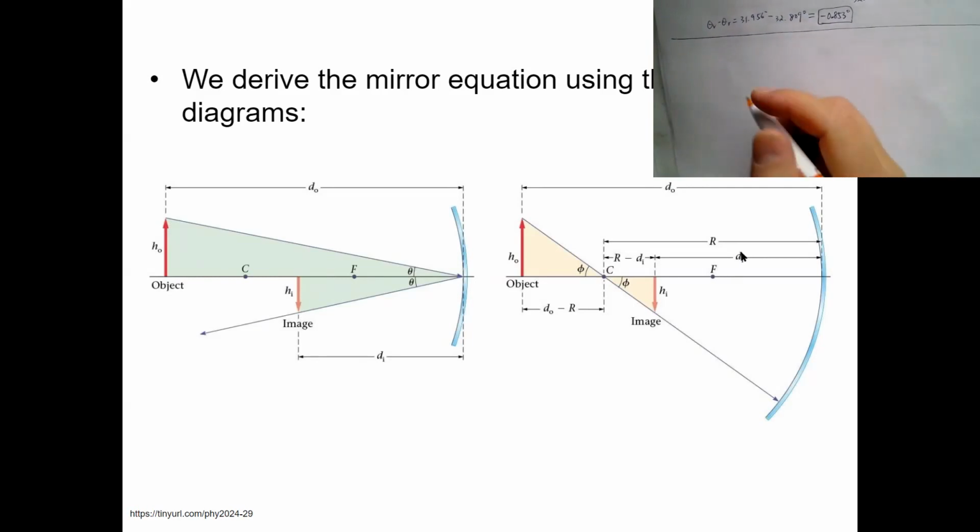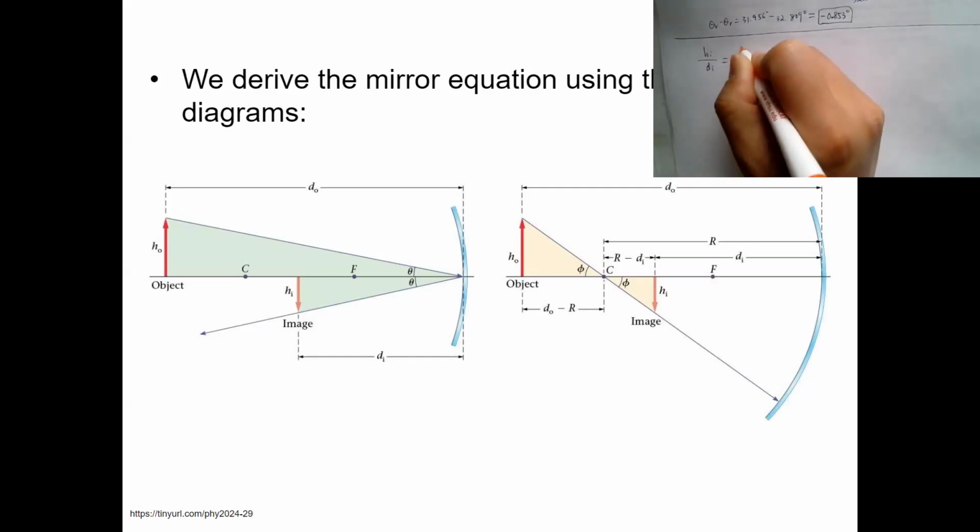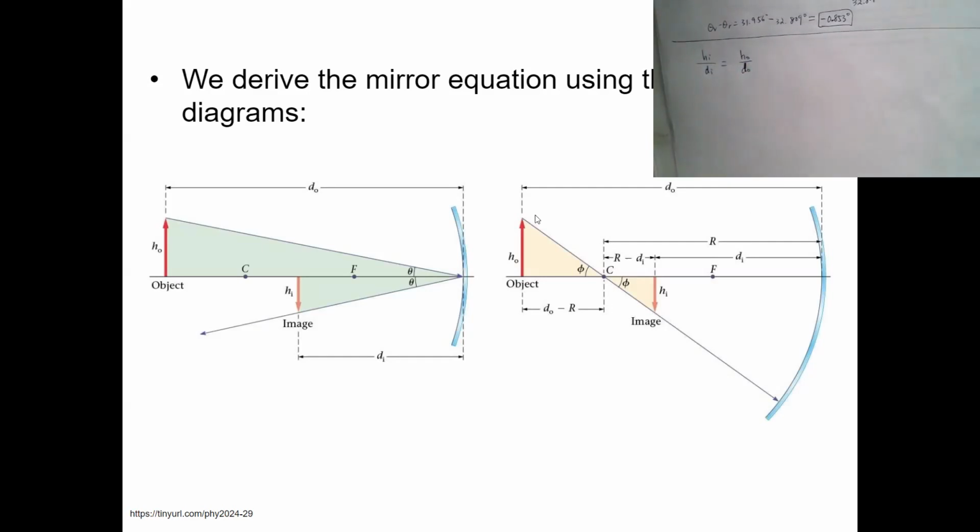HI over DI should be equal to HO over DO. So the height over one side is equal to the height over one side on the other triangle. That's a similar triangle.